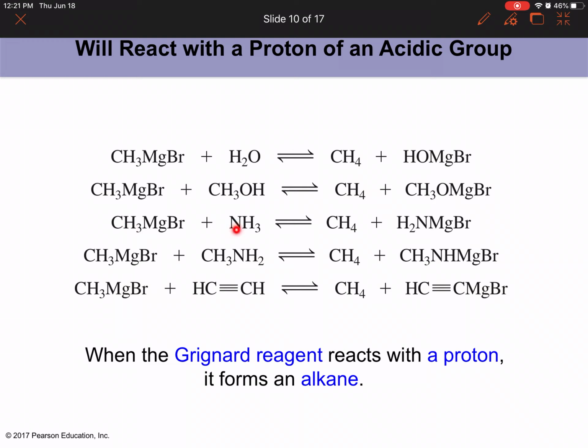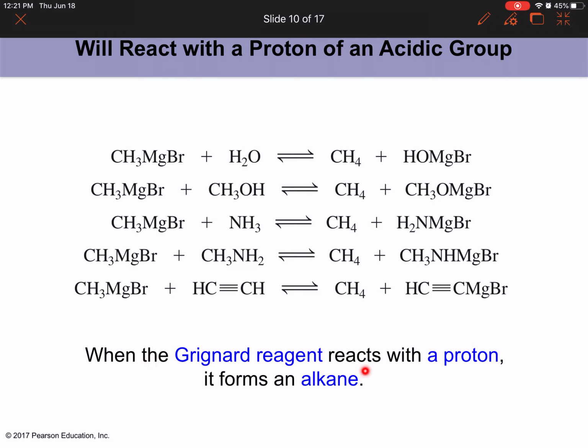React with ammonia, which has 3 hydrogens: the nucleophile attacks, takes hydrogen, becomes methane, and this reagent. Same thing with methylamine, and same thing with acetylene. In acetylene, these hydrogens are also very acidic. So this can react and take this hydrogen and form methane and the rest of the other compound.